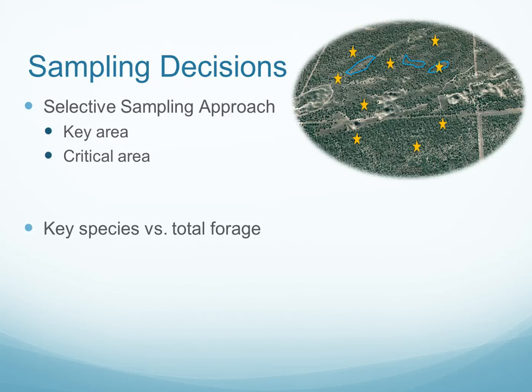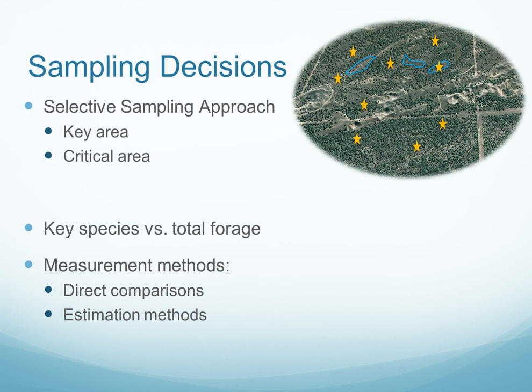Key species are those forage species whose use serves as an indicator of the degree to which the unit and associated species are also used. We commonly focus our measurement efforts on selected key species because they are indicators of the response of the entire unit to management.